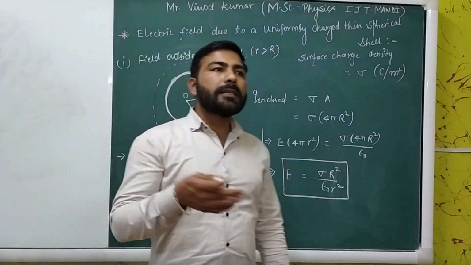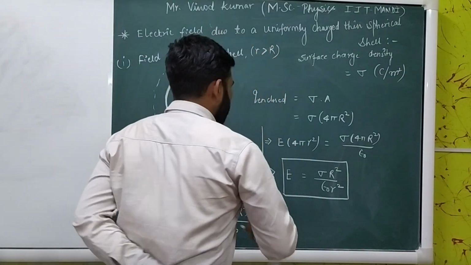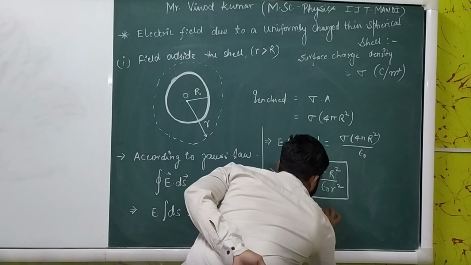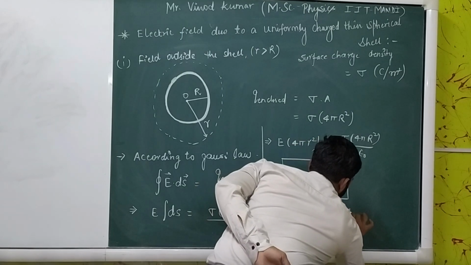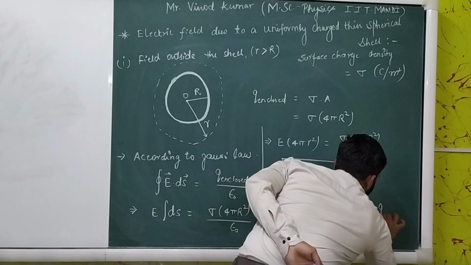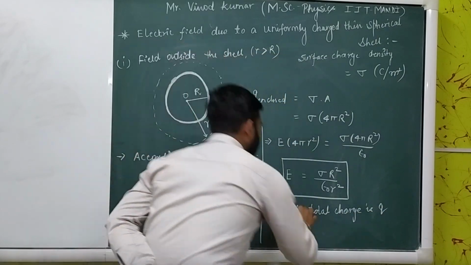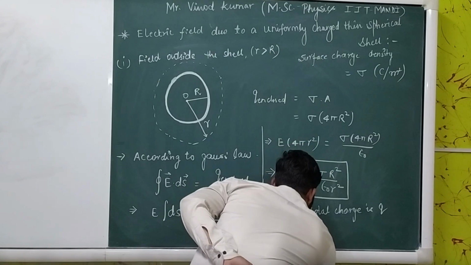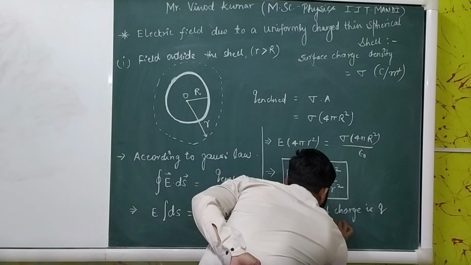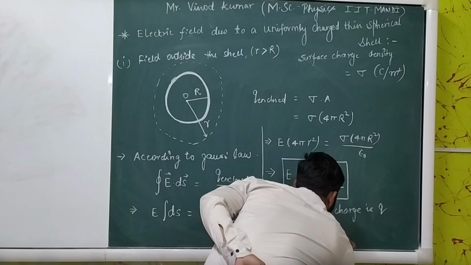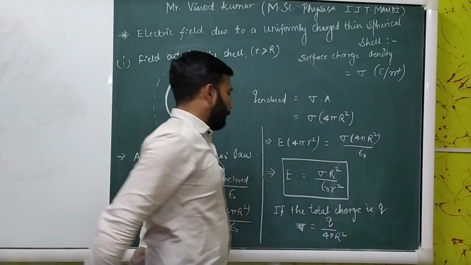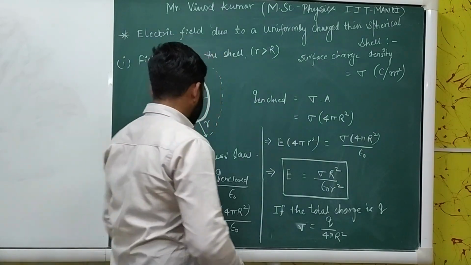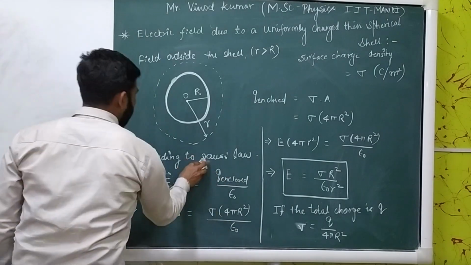Now, if we convert this charge density in terms of charge, let us say the total charge is Q, then sigma can be written as Q by 4 pi R square. So let us place this in this equation.